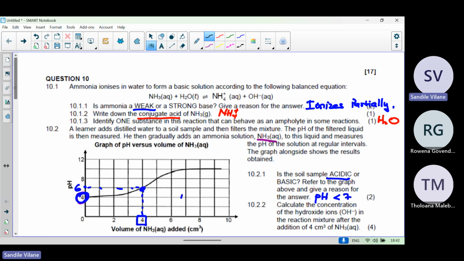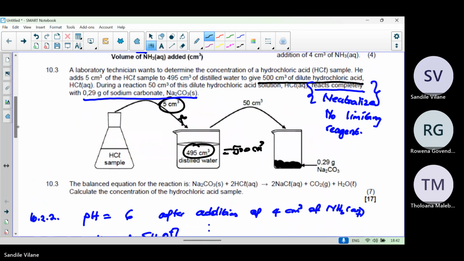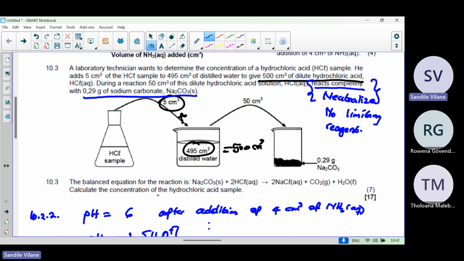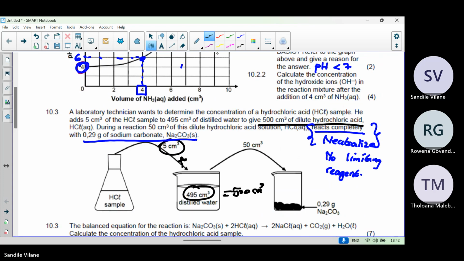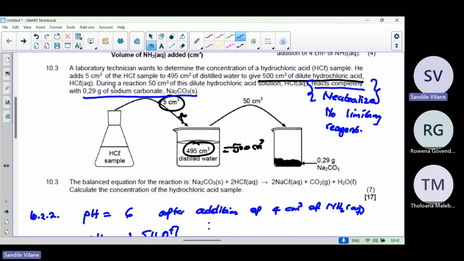But what was the question? The question was, calculate the concentration of the hydrochloric acid sample. So what sample did we use? Remember, during the reaction, you have only used 50 cubic centimeters. You have prepared a diluted acid of a total volume of 500, but you did not use everything. You have only used 50 cubic centimeters of that.